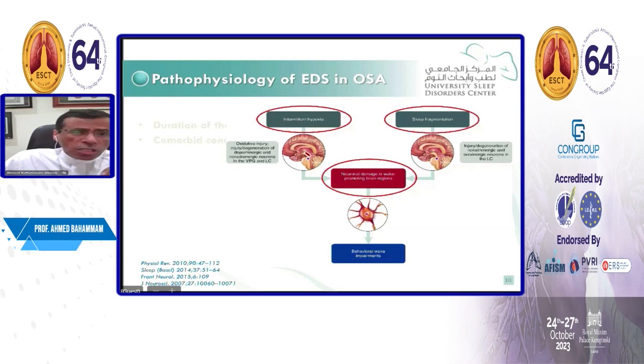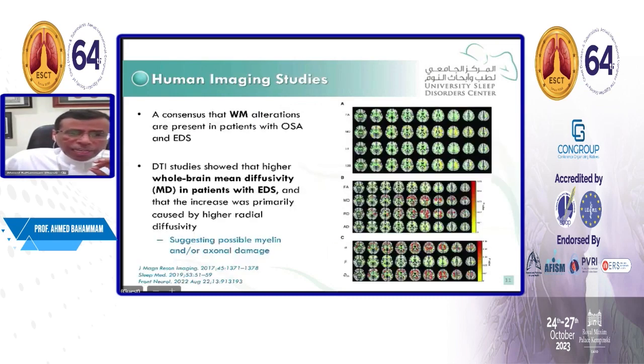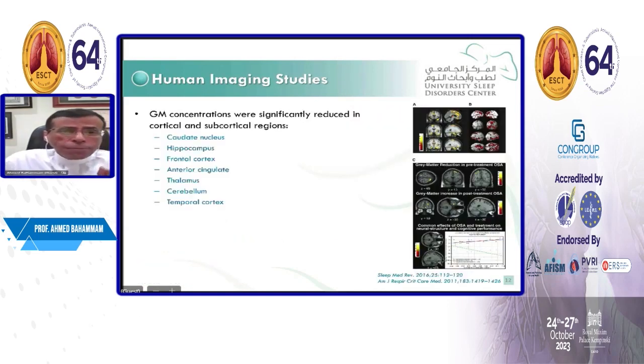They also reported higher whole brain mean diffusivity in patients with EDS, and this probably suggests possible myelin or axonal degeneration. Not only white matter, gray matter has also been shown to be affected in humans with chronic sleep apnea.